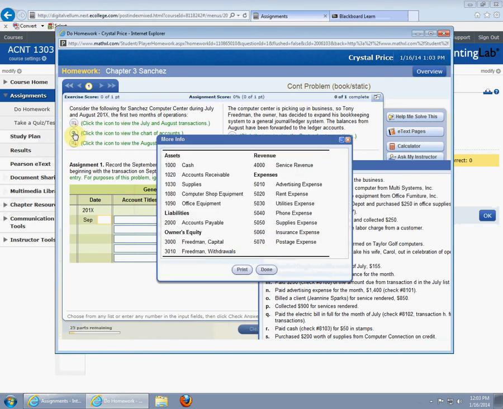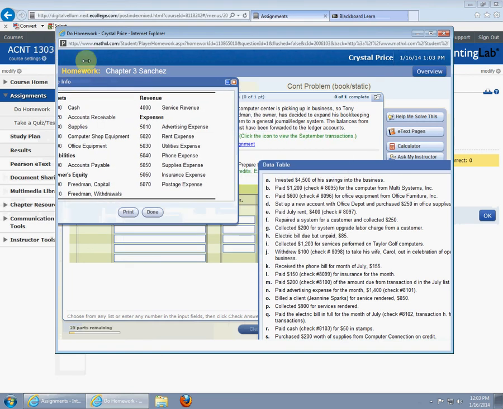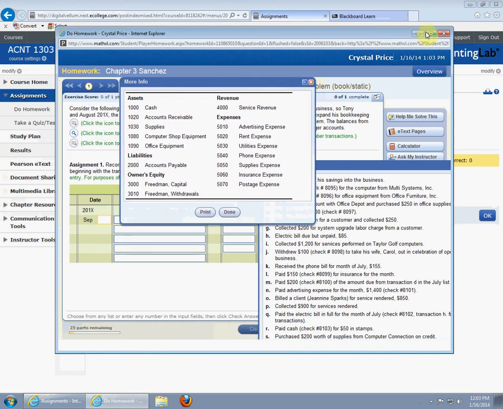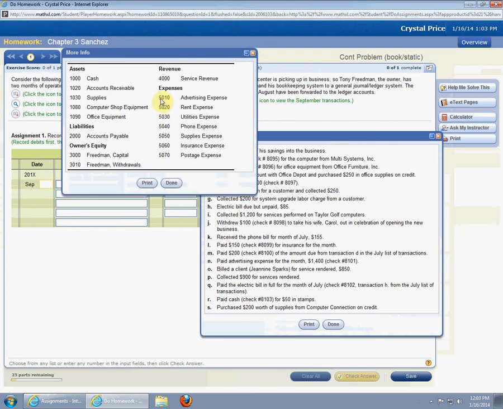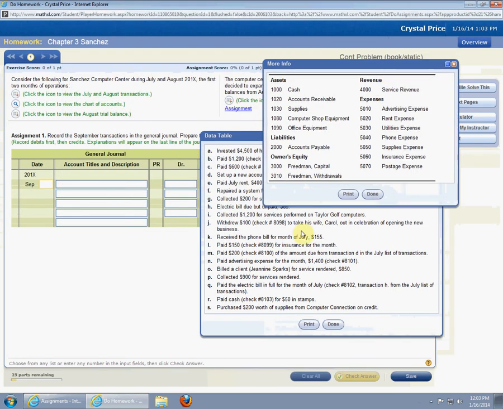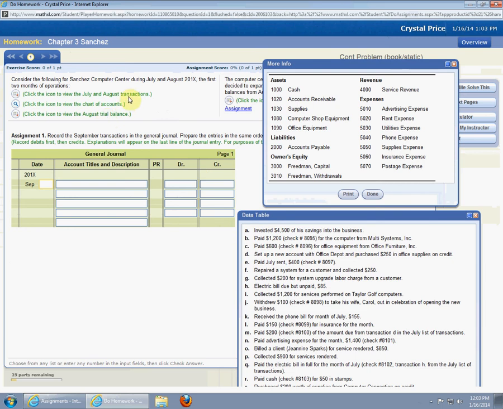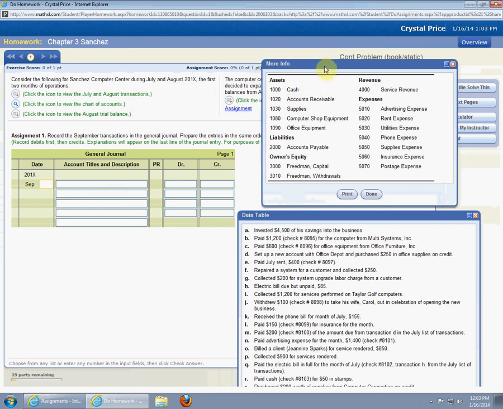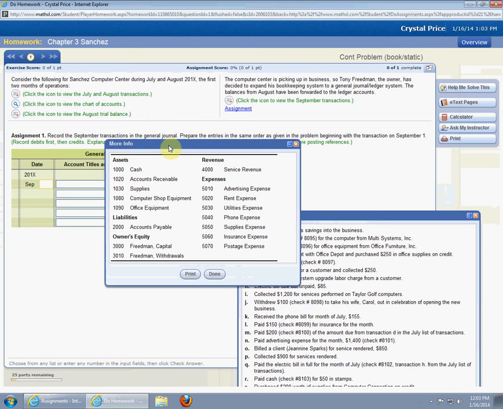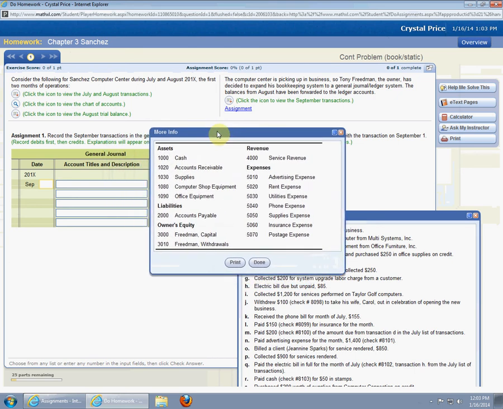We still have our same chart of accounts. So you may want to have that. Does it say record the September transaction? No. We're redoing. We're going to do it in general journal form. So we're still doing, consider the following, and we're going to be recording the transactions for July and August.